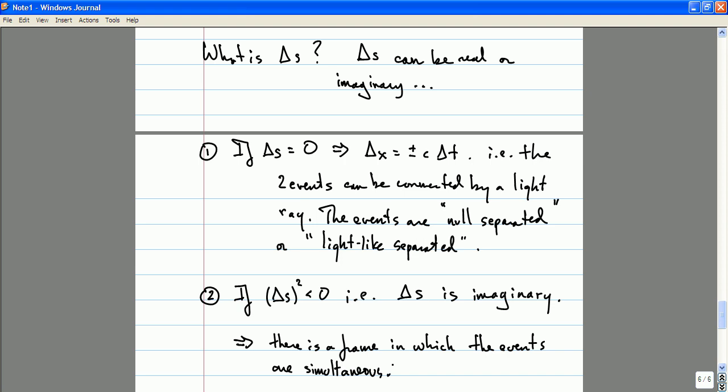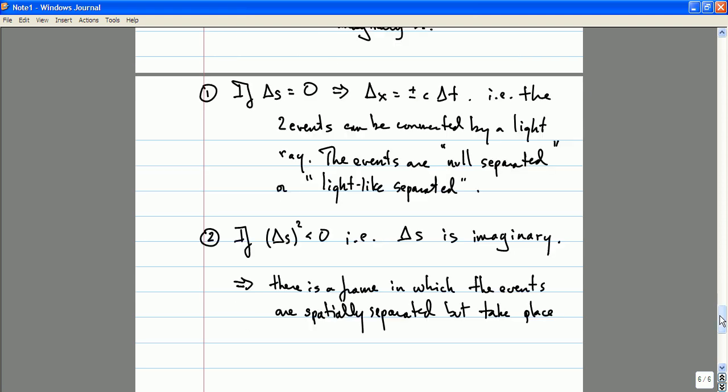Meaning that they... Oh, I'm sorry. I got that wrong. That's the case where it's positive. There's a frame in which the events are spatially separated. I can't say anything right. I haven't had enough coffee today.